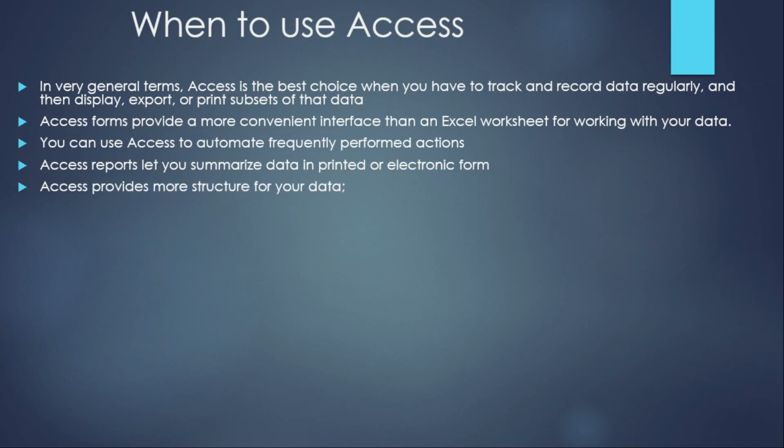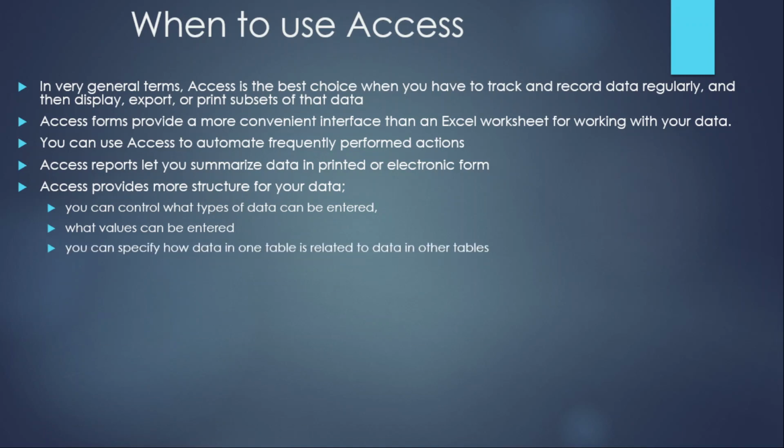Access provides more structure to your data. With that structure, you can control what types of data can be entered natively. You can determine the values to be entered. You can specify how data in one table is related to data in another table.